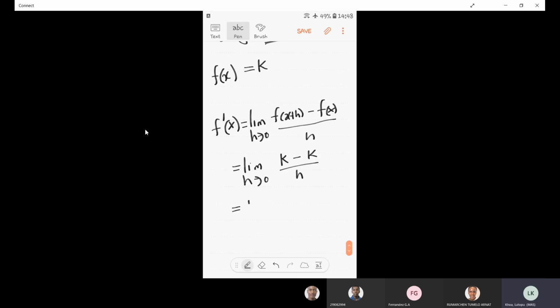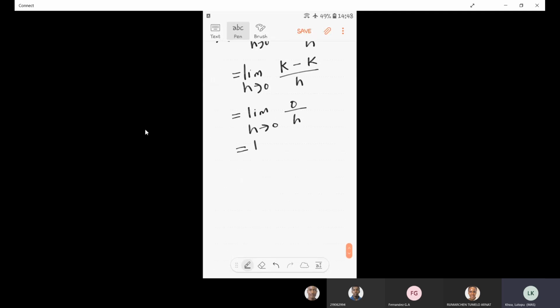So here I have the limit as h goes to 0 of 0 over h. This is equal to the limit as h goes to 0 of 0, and this is equal to 0 because 0 is a constant. So whatever is happening to h doesn't affect 0. The answer always remains 0.